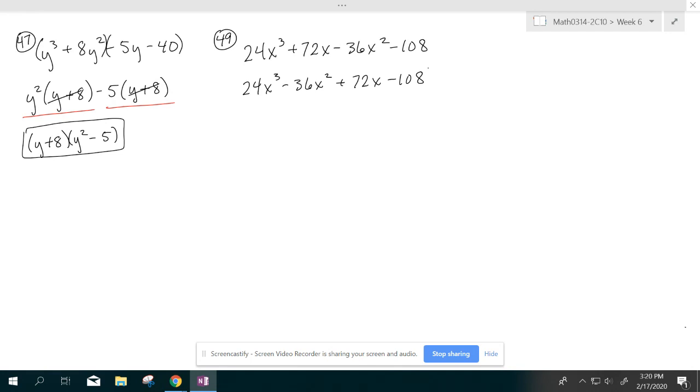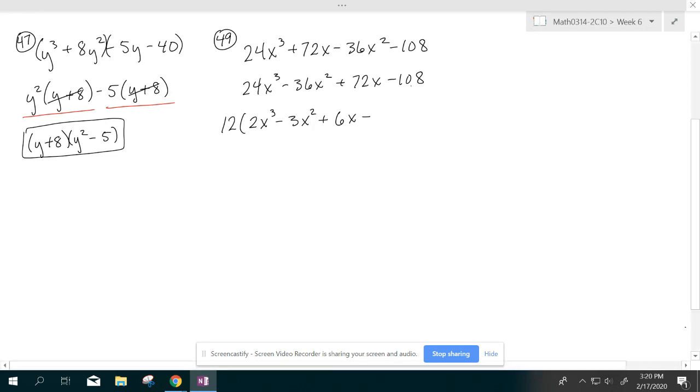Okay, so now that it's in descending order, now we're going to ask ourselves, do all 4 terms have anything in common that I can factor out? 12. 12 divides into all 4 of those evenly? Let's see. 24 divided by 12. 36 divided by 12. 72 divided by 12. 6.